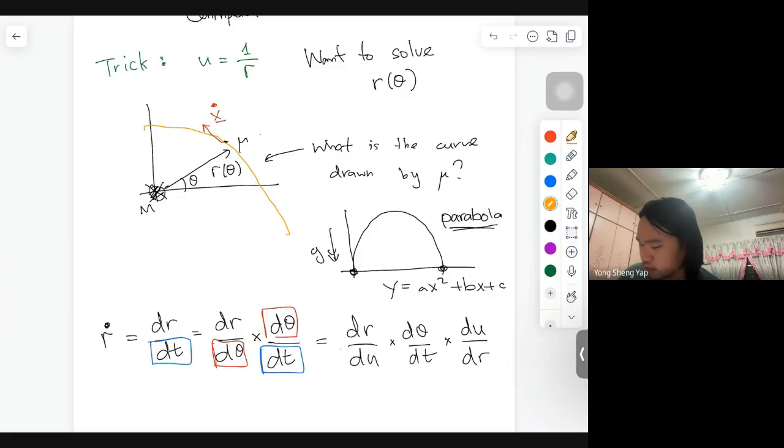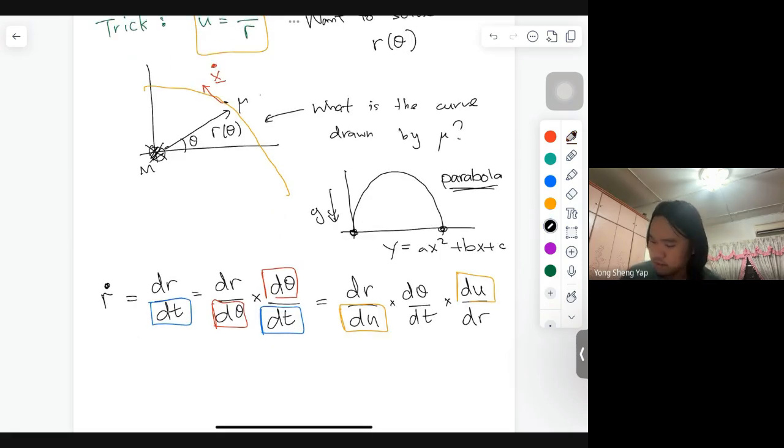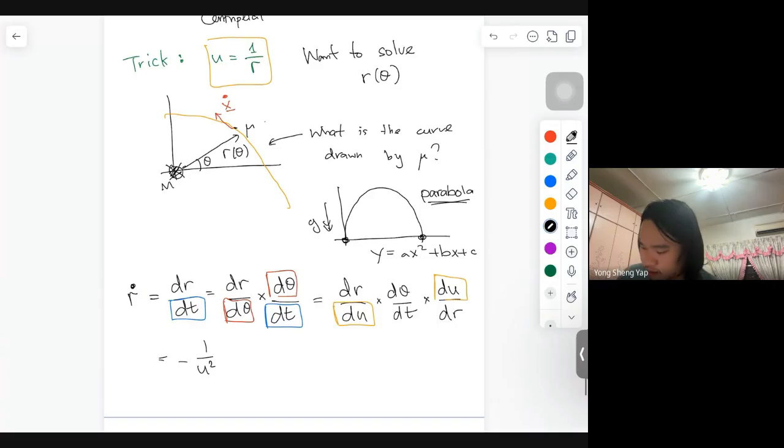This is a helpful trick. And what this gives is that dr/du is basically negative 1 over u squared, times d theta/dt, which is theta dot.